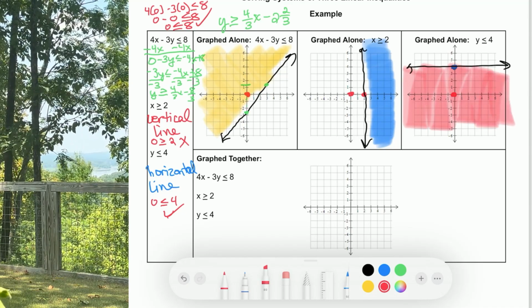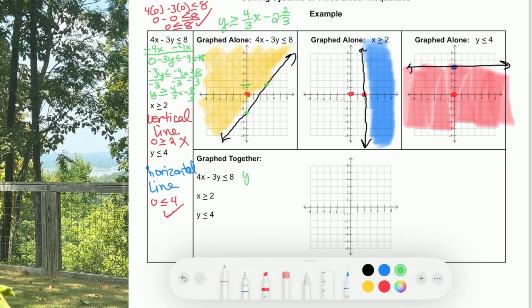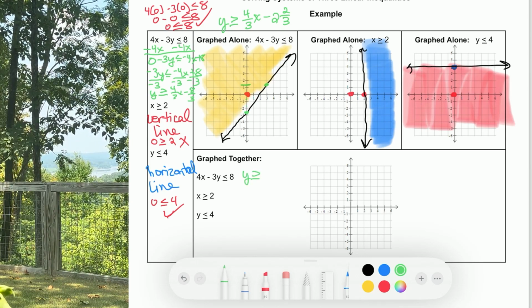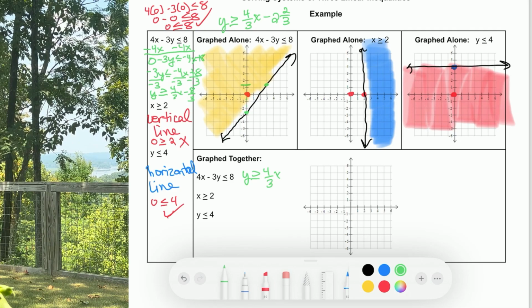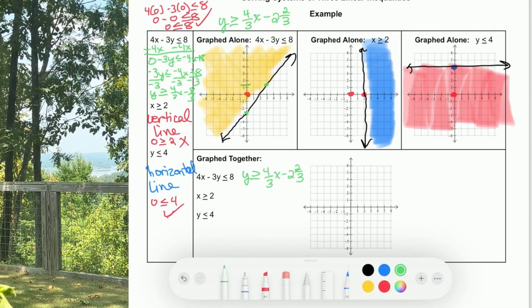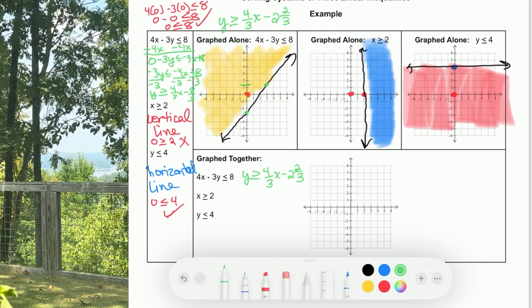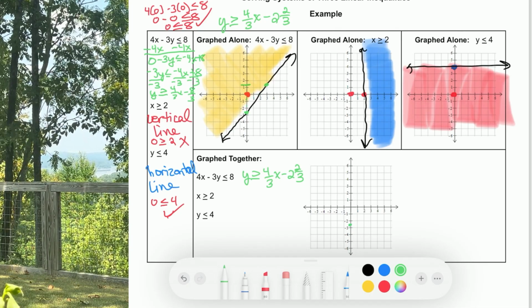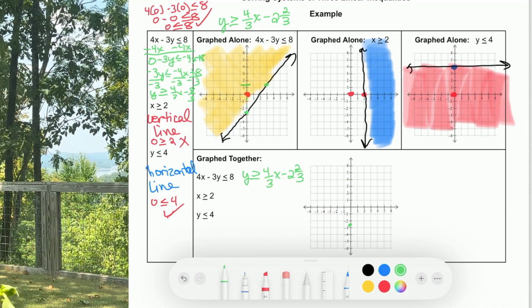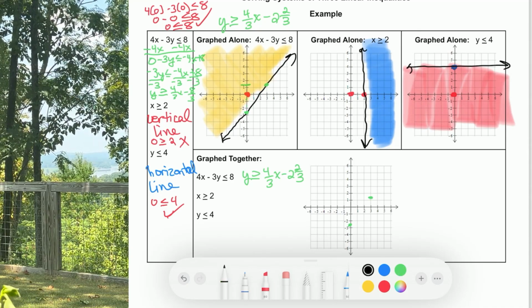All right, now what we need to do is I'm going to write this part. Y is greater than or equal to 4/3 x minus 2 2/3. And then we have those there. We didn't have to change those. So I'm going to go ahead and plot this. So down here, and then we were roughly about here for this one. Go ahead and draw my straight line.